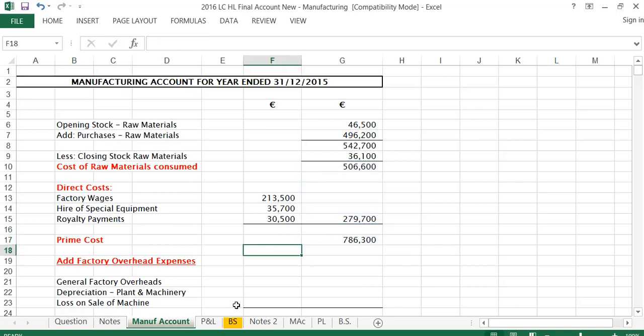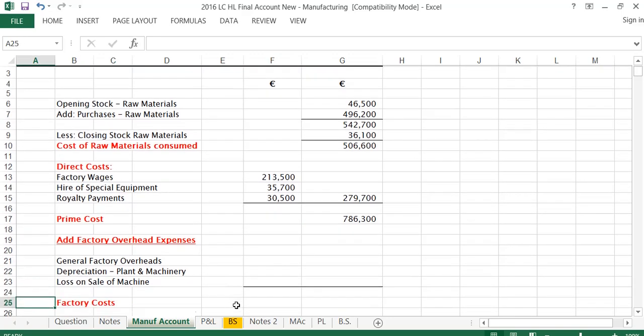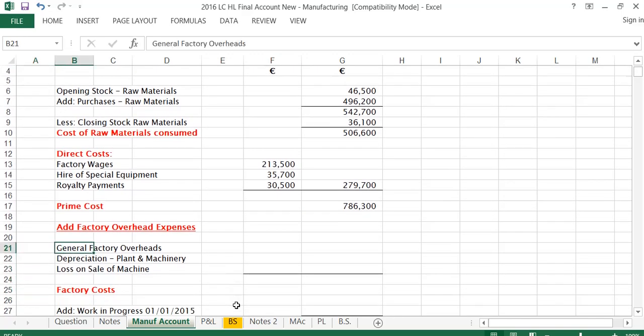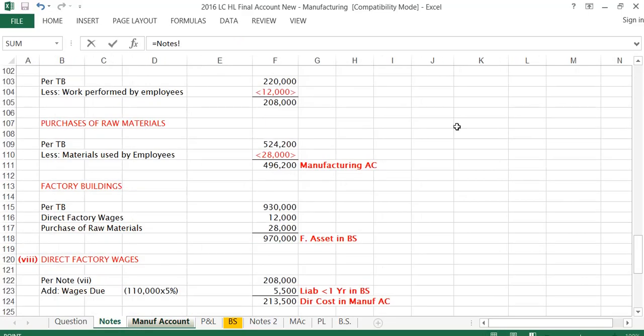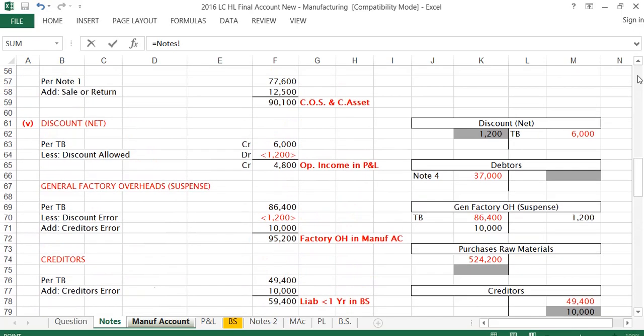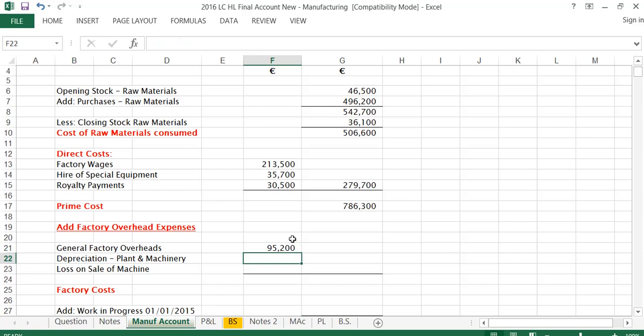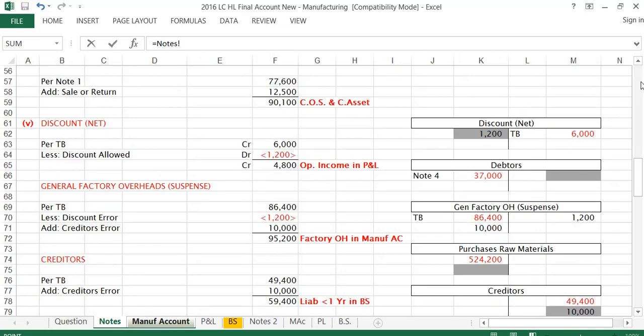And that's going to give me a prime cost of 786,300. Now, the next thing I have to do is add my factory overhead expenses. My first item is general factory overheads, and that's where suspense was included. So that was definitely changed back here. Note 5, so it's 95,200. I'm going to have depreciation of plant and machinery. Again, I've done a working on that.